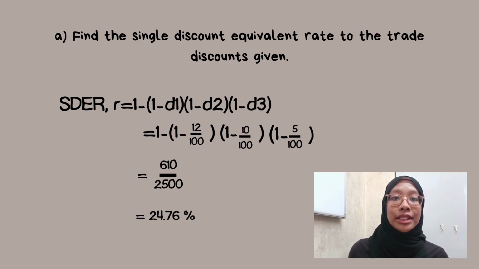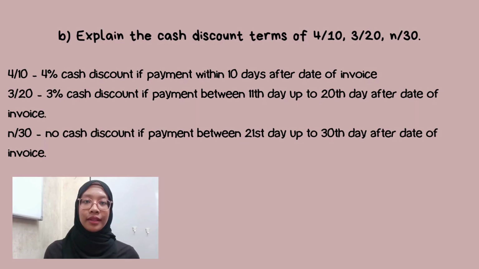So, just use the calculator to calculate it and the answer given was 619 per 2,500 and the answer should be in percentage. So, you should multiply the answer by 100 and the final answer would be 24.76%. And that's all for question A.